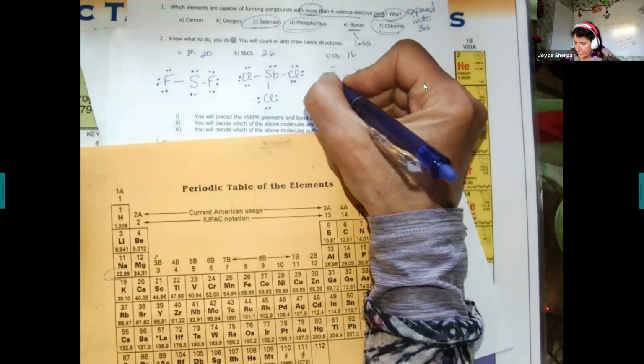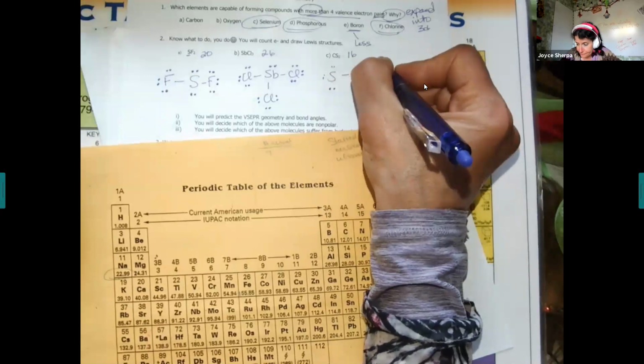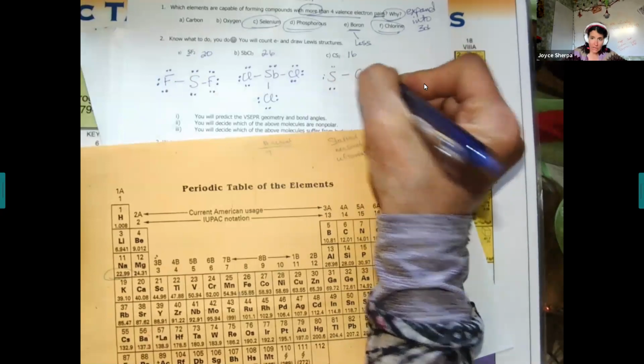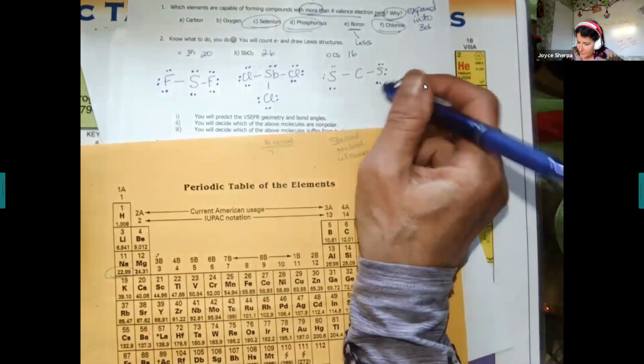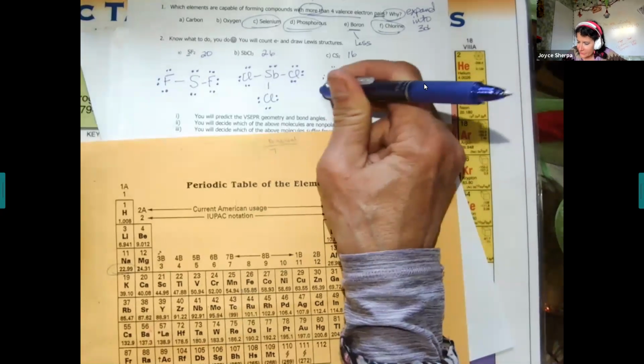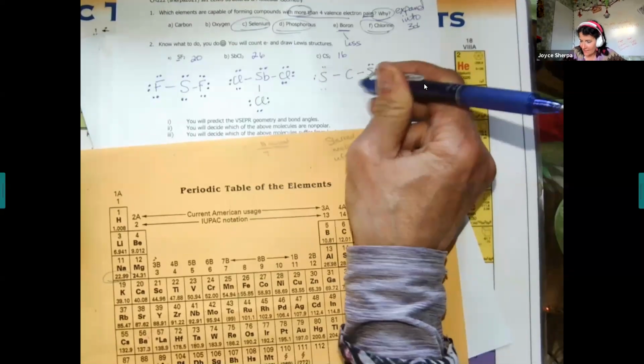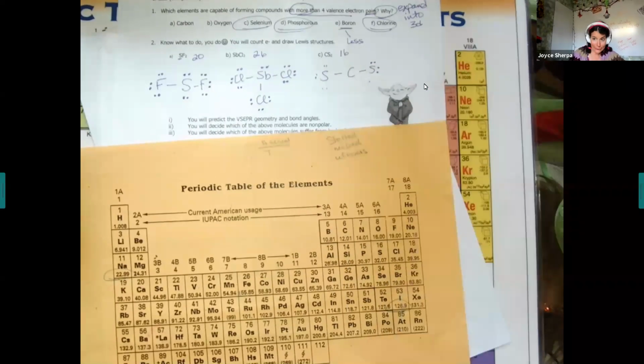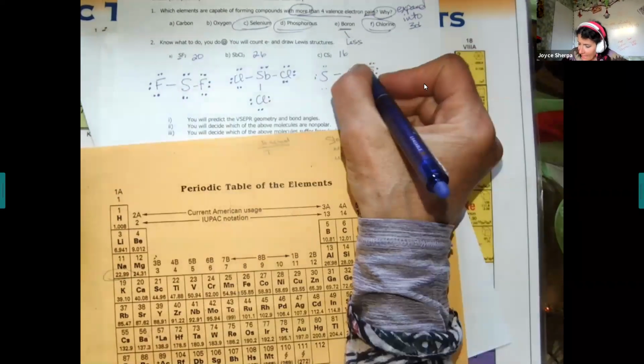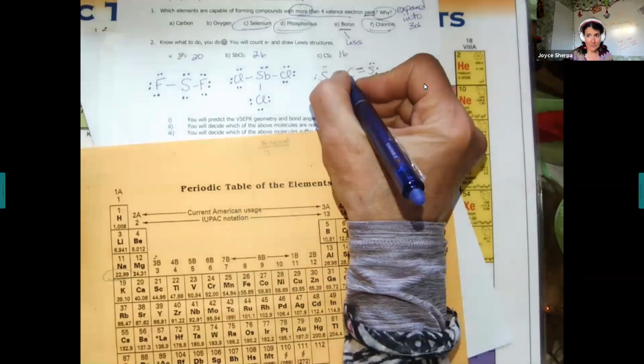When you do it, you're going to run out. So you do your octet to the outside, you count, and then you put dots on the inside, but we've already used all 16. So this is when you've run out and your center doesn't have an octet, that you erase and go backwards.